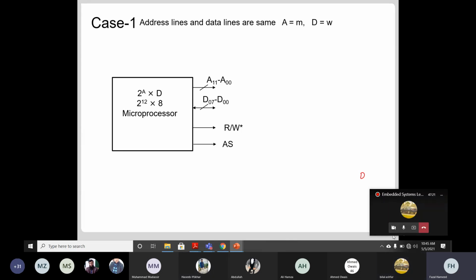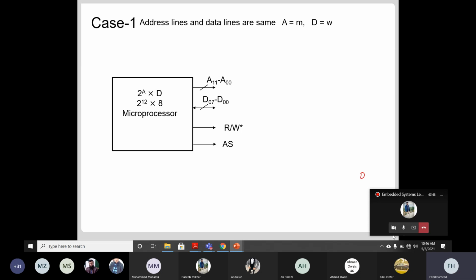Okay, so how many address lines are there? 2 की power A. These are addressable locations. सर 12 address lines. So 12 address lines are indicated by A11 to A00. नहीं समझे बेटा? यस सर समझ गए सर.